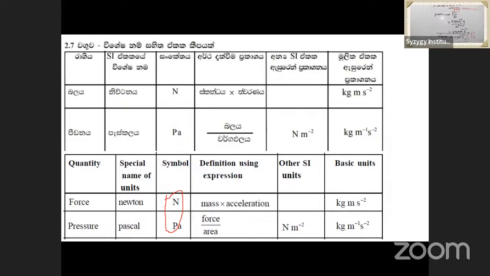Then pressure, we can write force over area. If you write it in fundamental units, you can write this, but force you can write in Newton, and area in square meters.